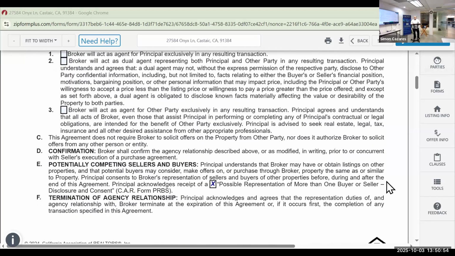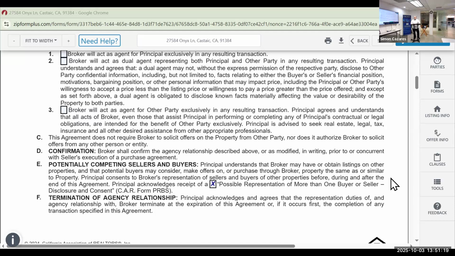Number 3, broker will act as an agent for other parties exclusively in the resulting transaction. Principal agrees and understands that all acts of broker, even those that assist principal in performing or completing any principal contractual or legal obligation, are intended for the benefit of the other party exclusively. Principal is advised to seek real estate legal, tax, insurance, and all desired assistance from the appropriate professionals.